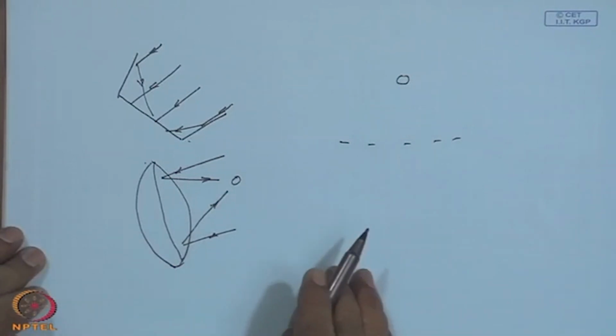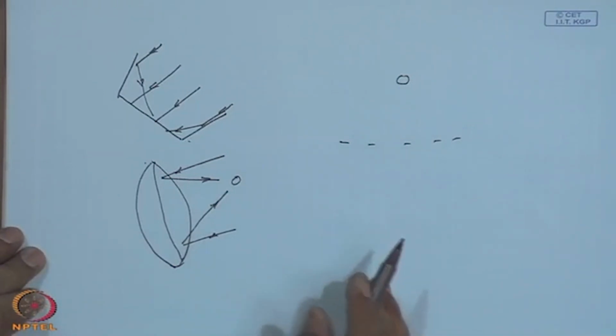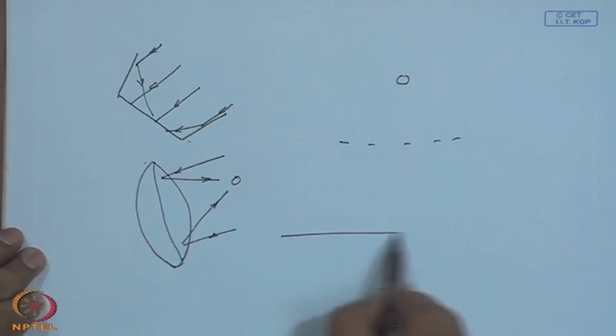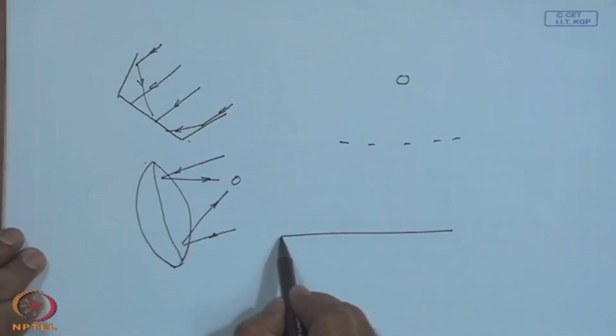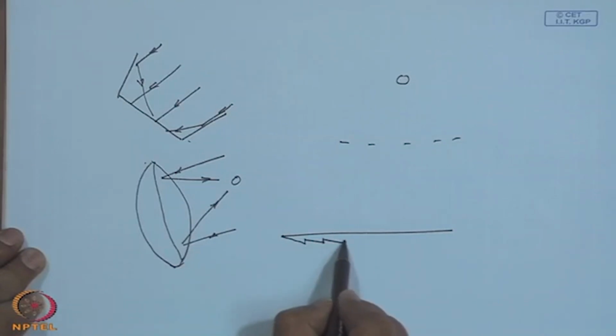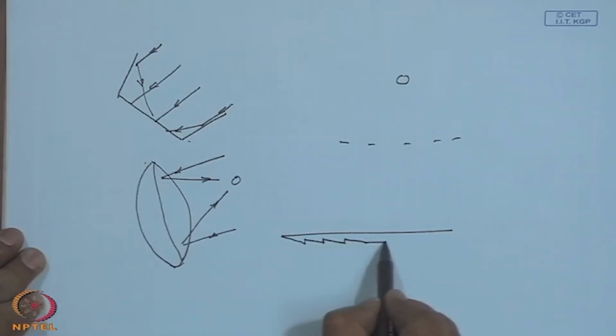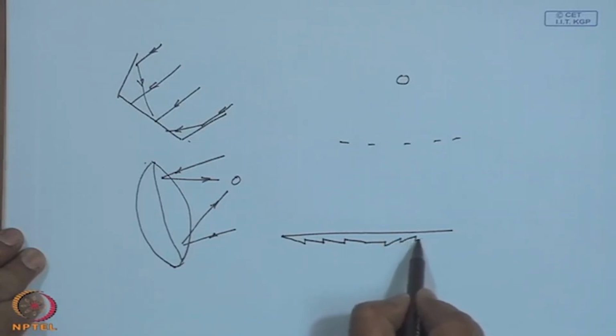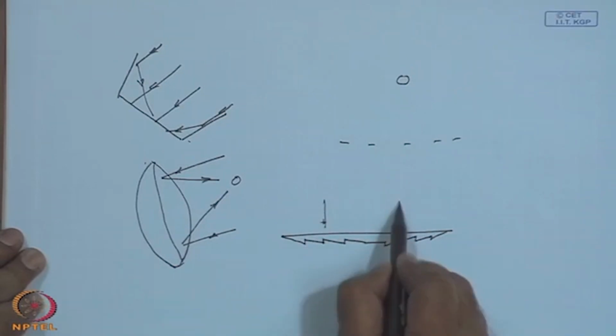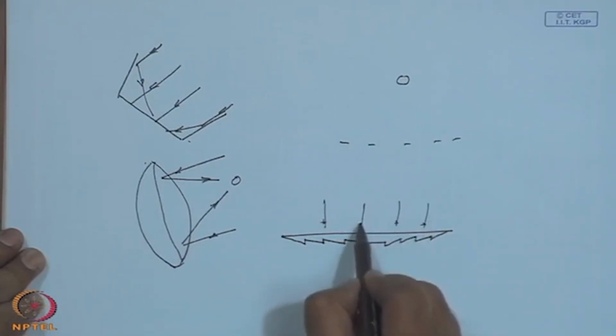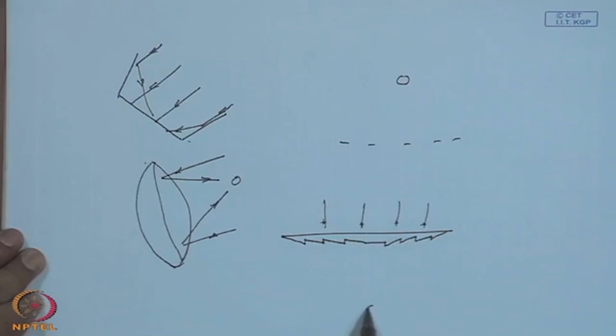You can have a Fresnel lens that is essentially something like this, with micro grooves.